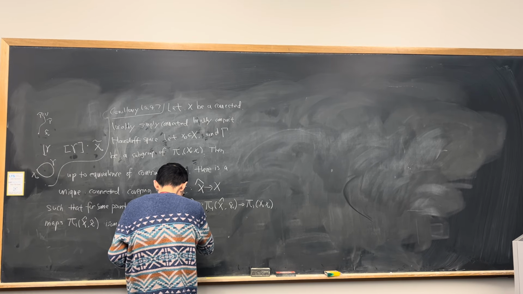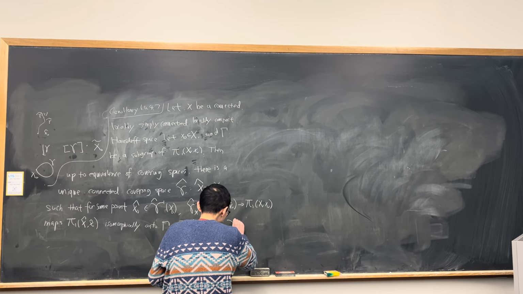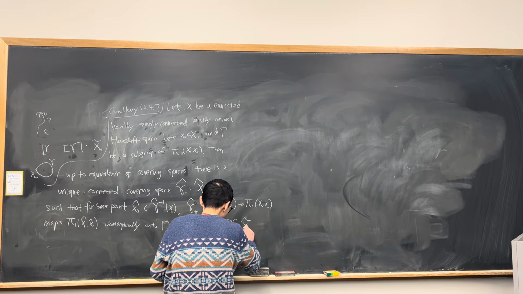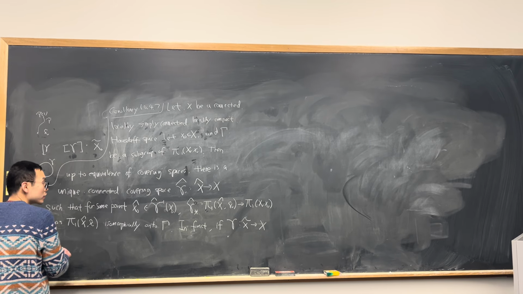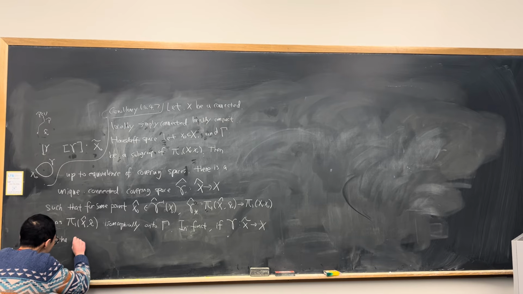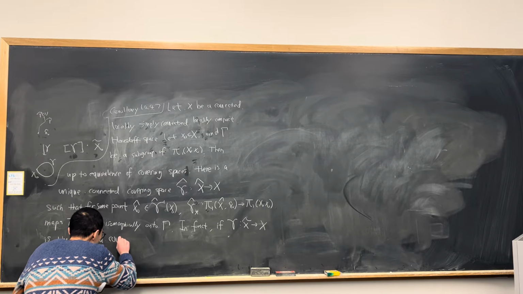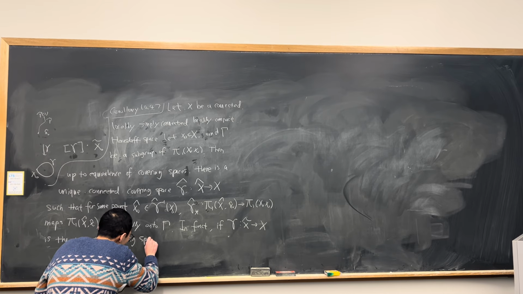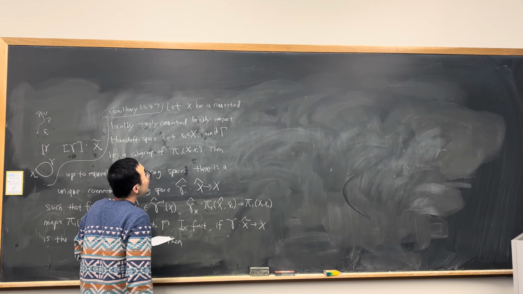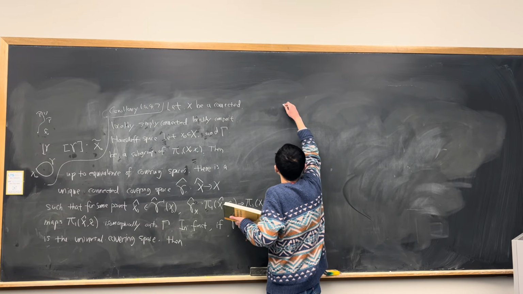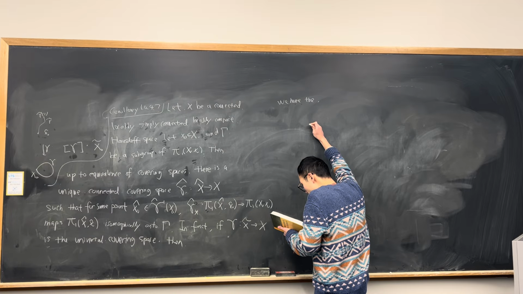So in fact, if this gamma from X tilde to X is the universal covering space, then we have the commutative diagram.